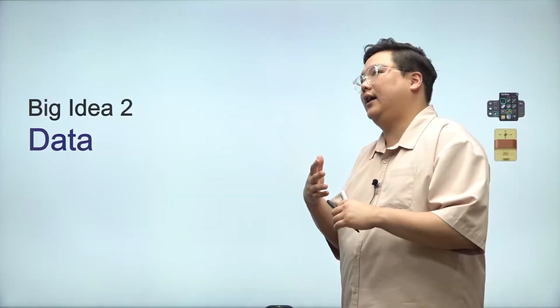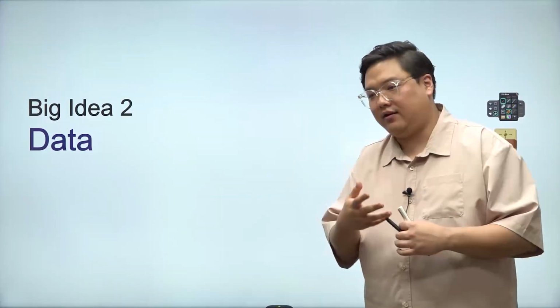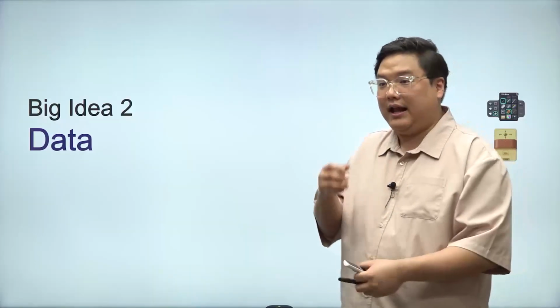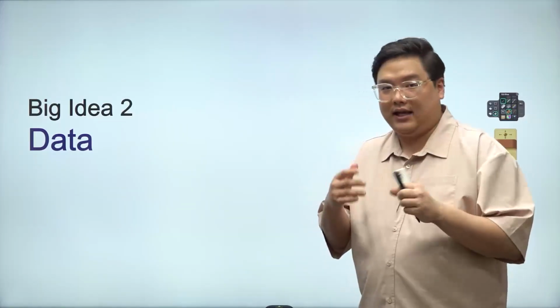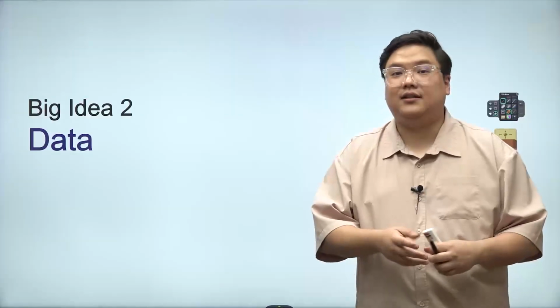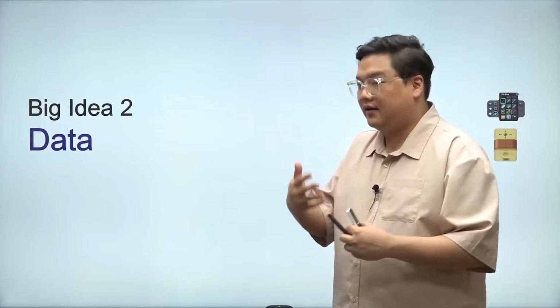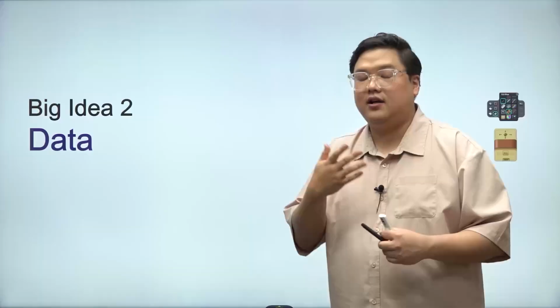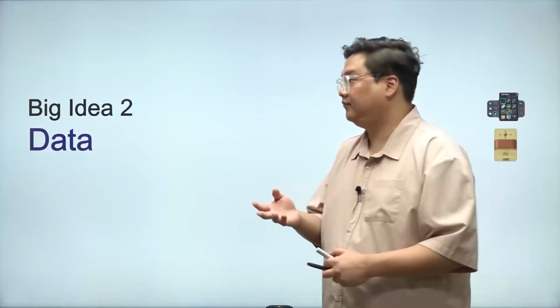With a complex calculator program, everything behind the scenes is about data, right? We put in a number, we do calculations, and we manipulate that data. So everything in computer science can be considered to be about data.